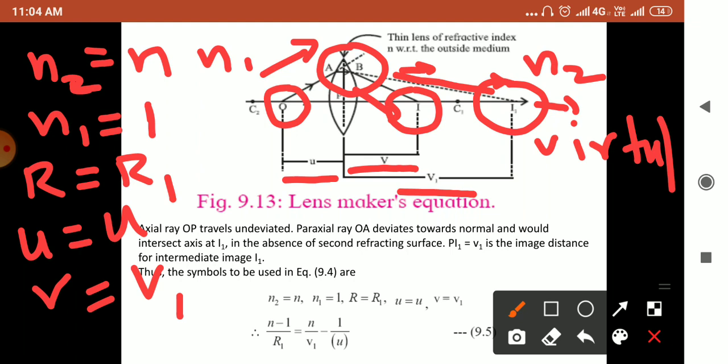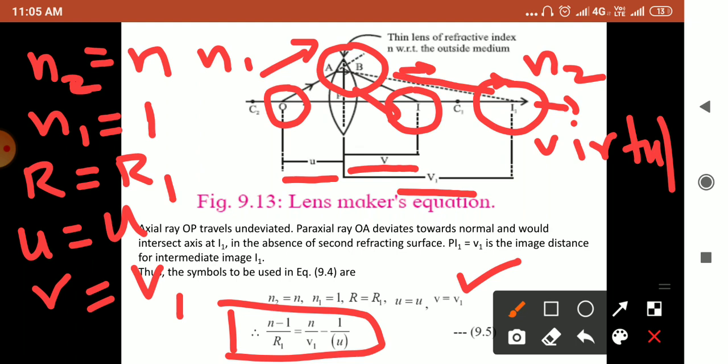Then the equation which we got for the single spherical surface becomes this one, (n minus 1) upon r1 equal to n upon v1 minus 1 upon u. We are just placing the values for all terms.